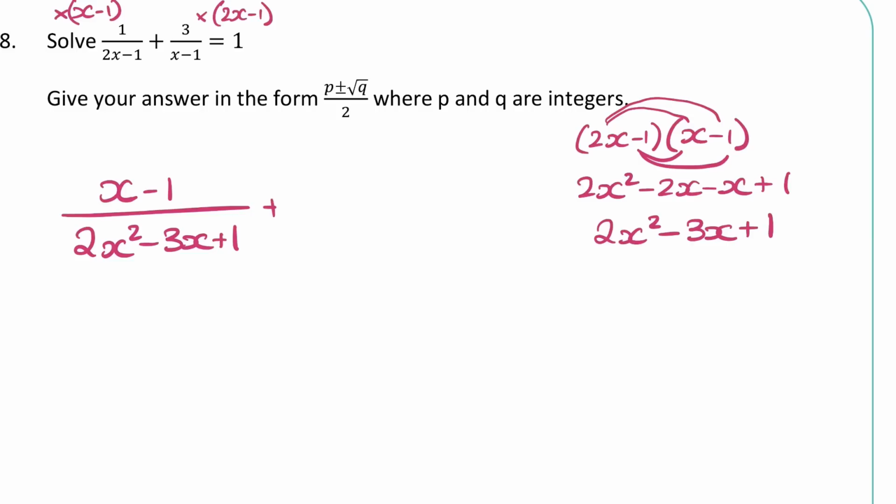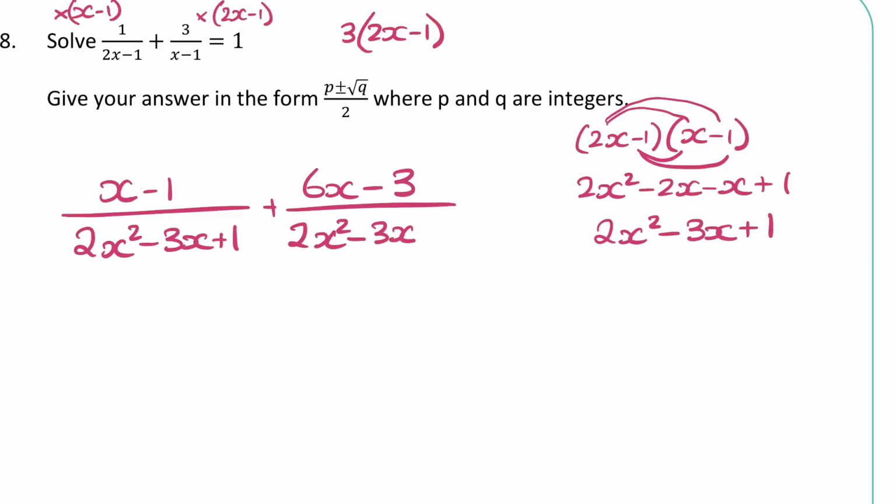We're adding to that a second fraction, which we are multiplying by 2x minus 1. So that's going to be, I'm going to write this to the side, 3 lots of 2x minus 1, which is 6x minus 3. And that's all over 2x squared minus 3x plus 1. And that's all equal to 1.